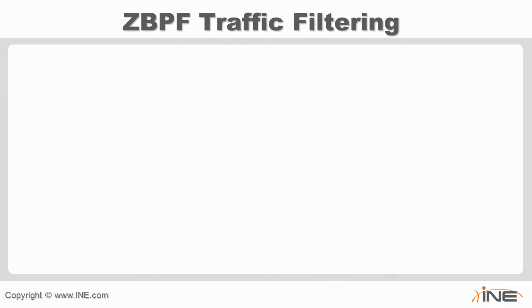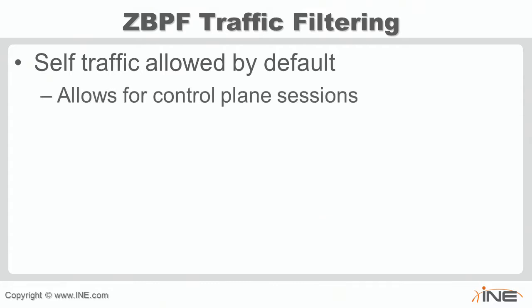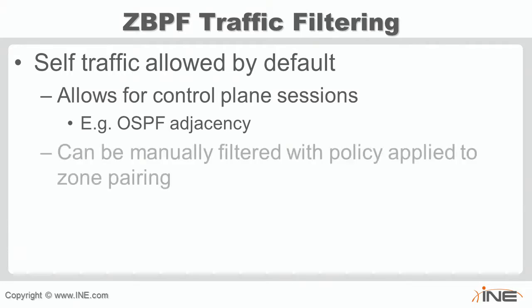The third is going to be for any traffic that is going to or coming from the self zone. And the key point here is that this traffic is allowed by default. So it's automatically going to allow for any of our control plane sessions, like an OSPF adjacency on the outside interface. But we could potentially manually filter this if we were to define a zone pairing and apply a manual policy.